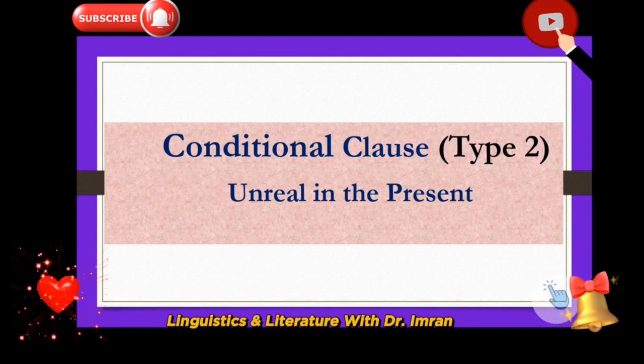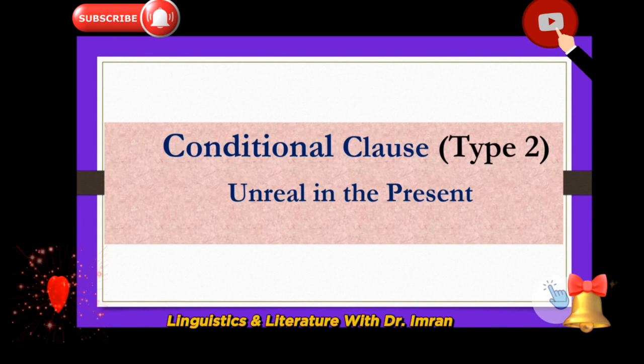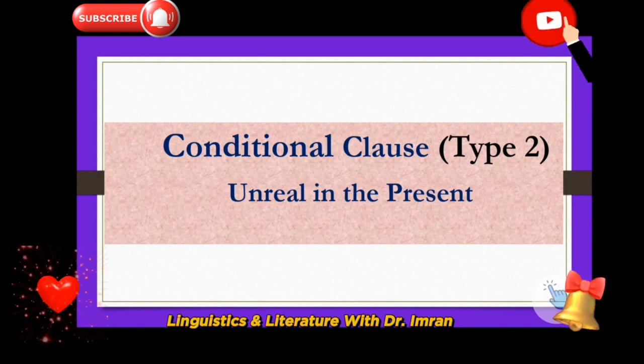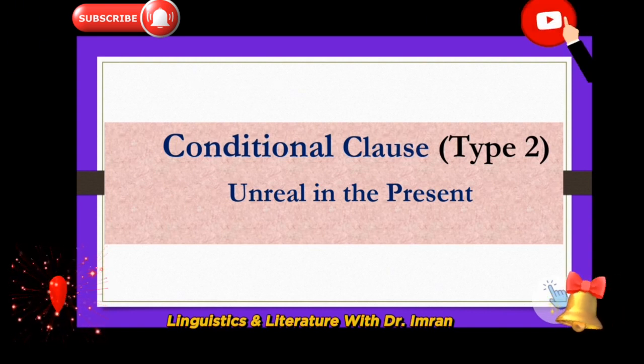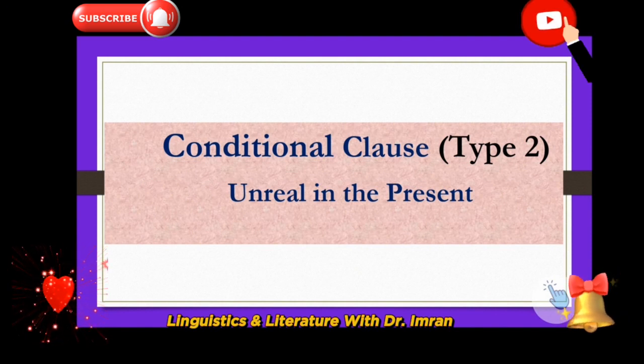In my previous lecture, I introduced conditional sentences and then I highlighted three types of conditional clauses. Out of three types of conditional clauses, we talked in detail about type 1 conditional clause that is also called real conditional clause.